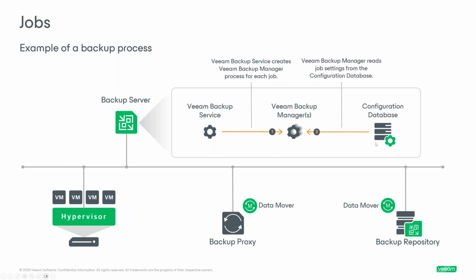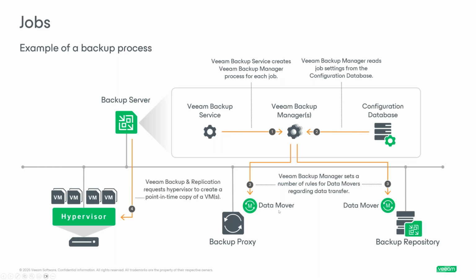The backup manager reads job settings from the configuration database, and then it assigns a number of roles for the data movers to start the data transfer. The data movers are located at your proxy and your repository, and they're the ones pulling and pushing the data during the backup job process.